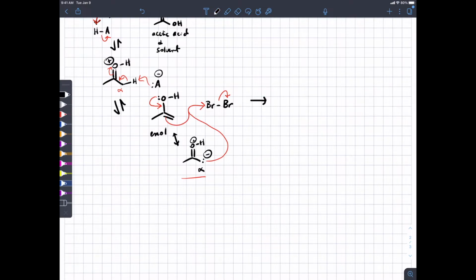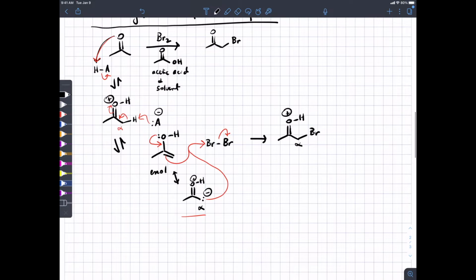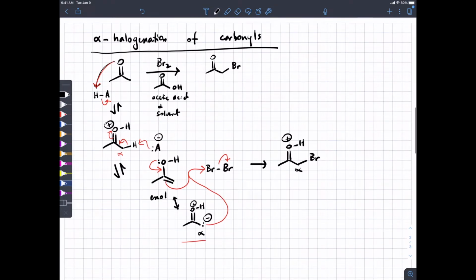Either way, you get the following oxonium ion as the product where you have installed bromine on the alpha carbon, and that's why we call this alpha halogenation. At this stage, then, we would have some base remove the proton on the oxonium ion.